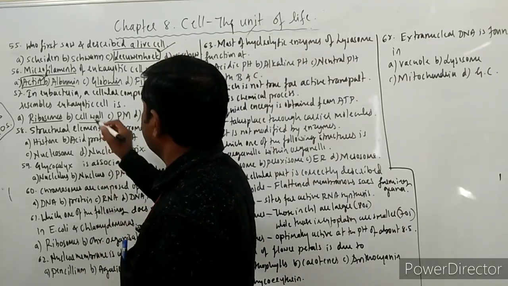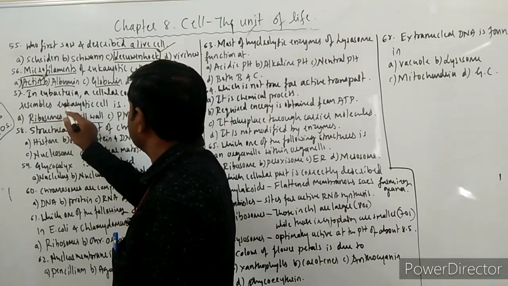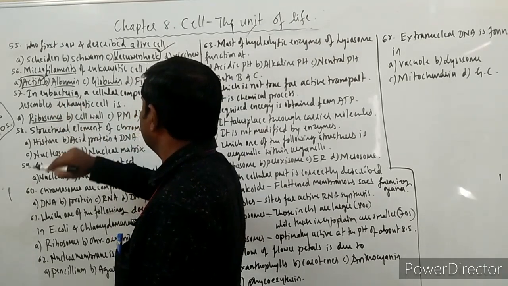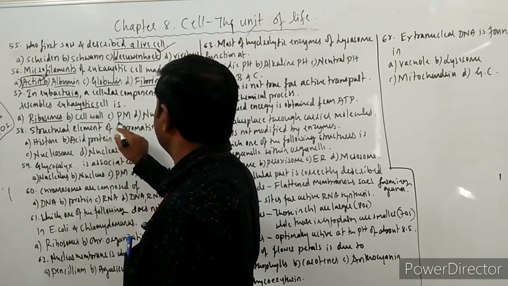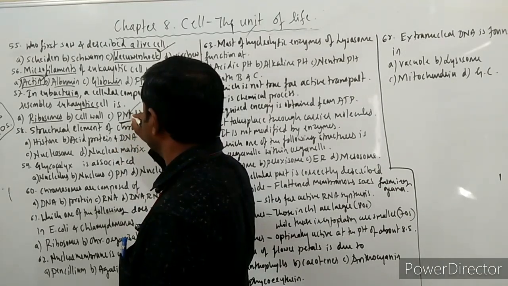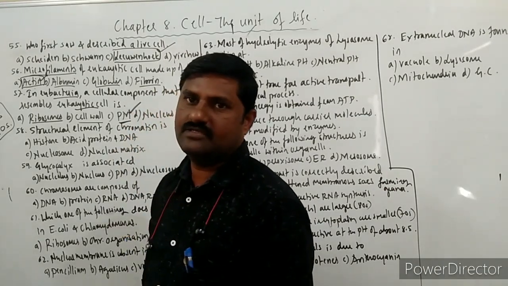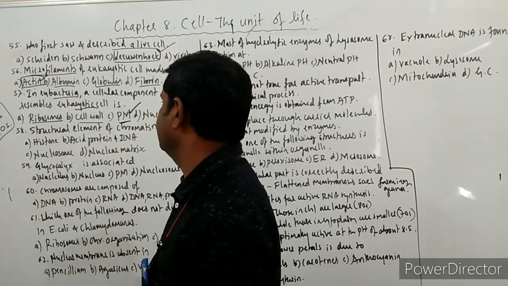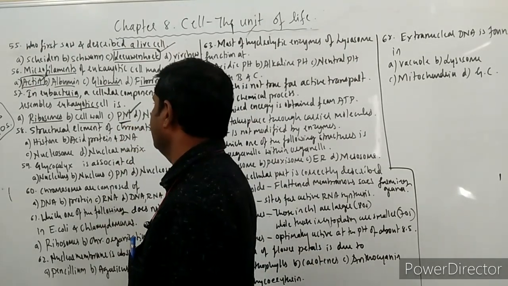See here, in case of the prokaryotic bacterial cell and the eukaryotic cell, when you consider the plasma membrane, it is resembling. A lot of resemblance is seen in the plasma membrane.